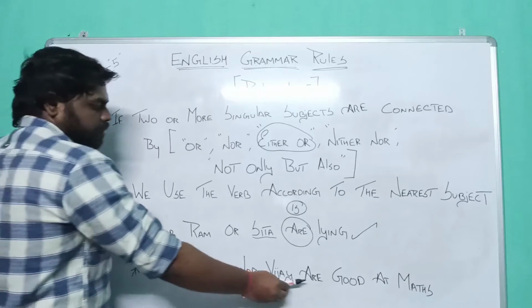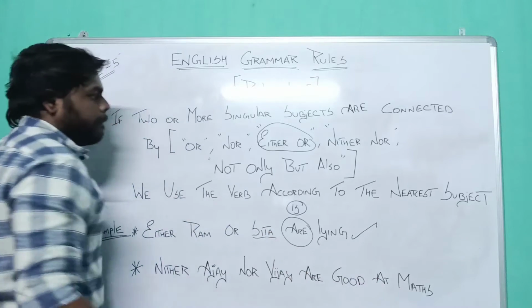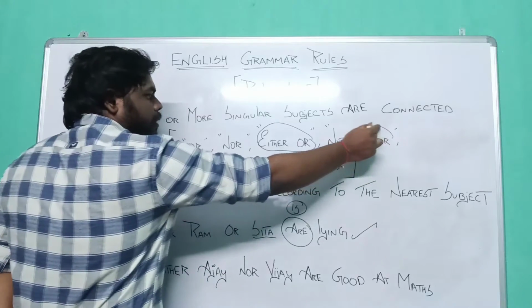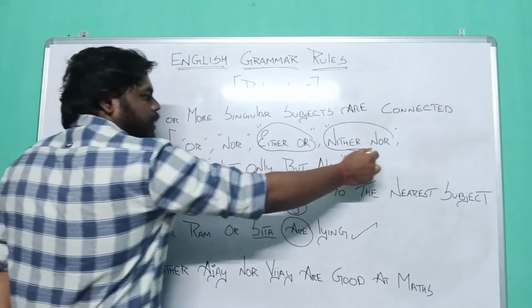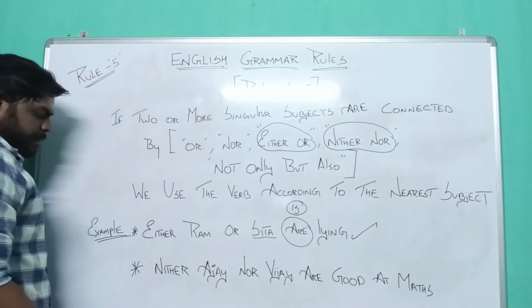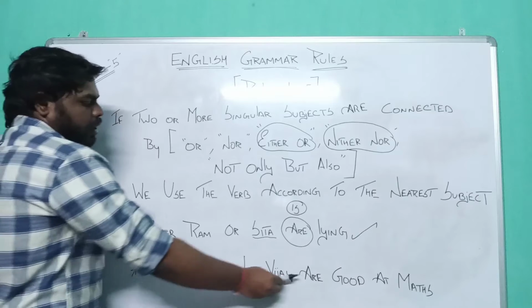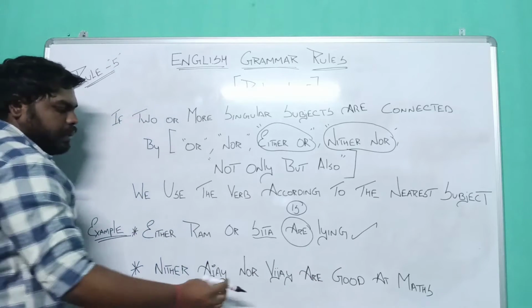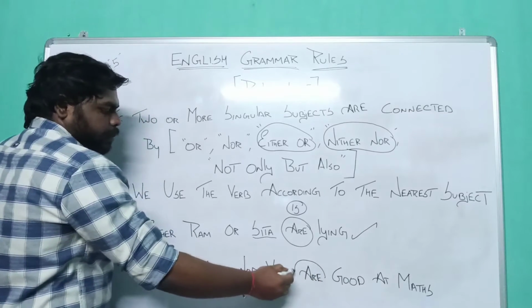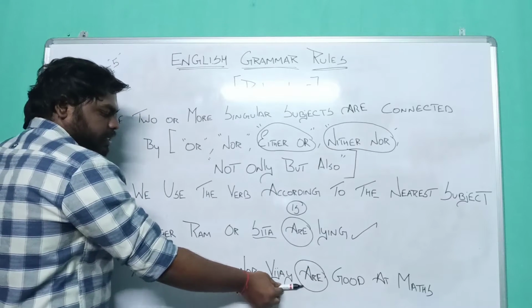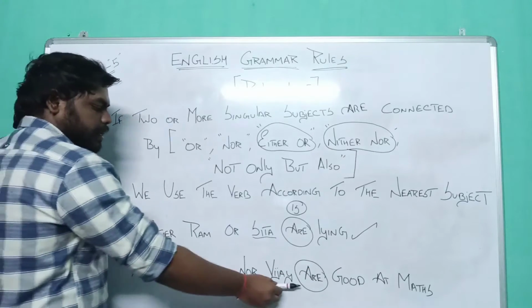Right. So let us see the second example. Neither Ajay nor Vijay are good at maths. Now I have taken neither nor to explain as an example. Now if we see neither Ajay nor Vijay are, are is a plural verb and we see that Vijay is a singular subject.